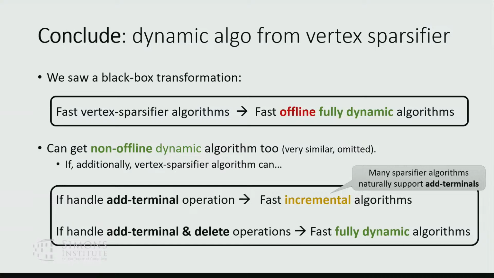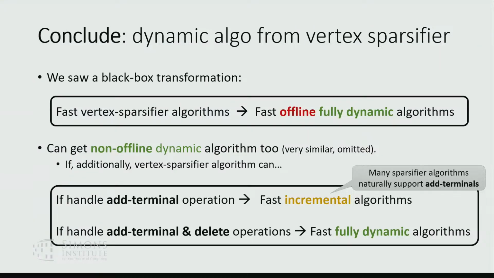So you get this for free most of the time, and you get an incremental algorithm. If instead your vertex sparsifier can handle both the add terminal operation and the delete operation, I will not go into details, but you could expect that you would get a fully dynamic algorithm, the black box way too.